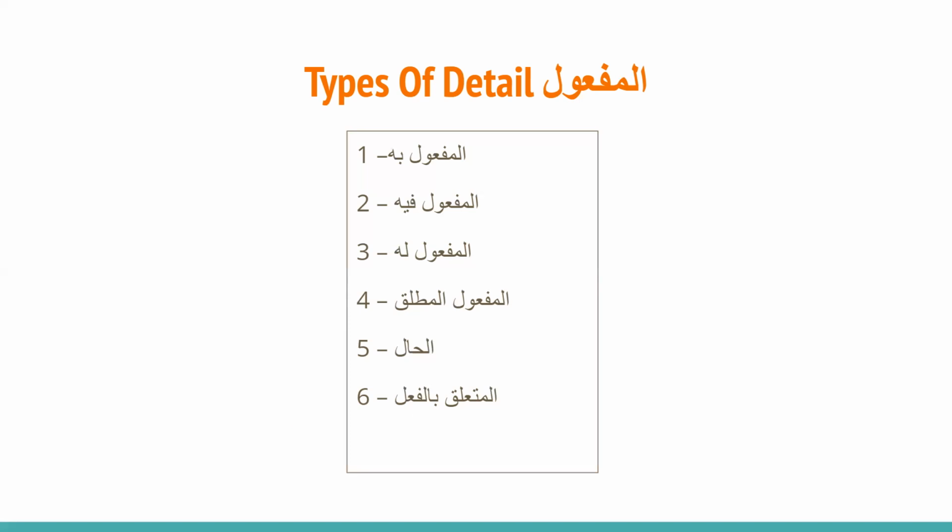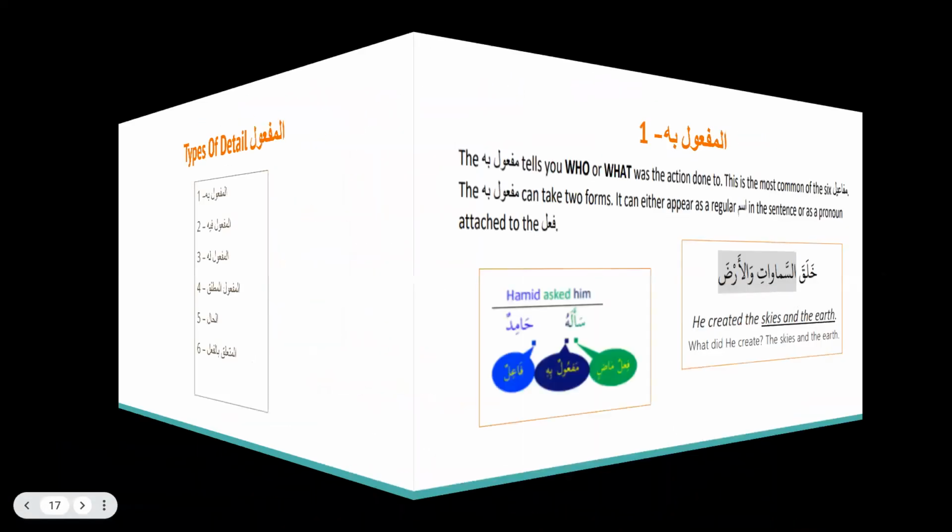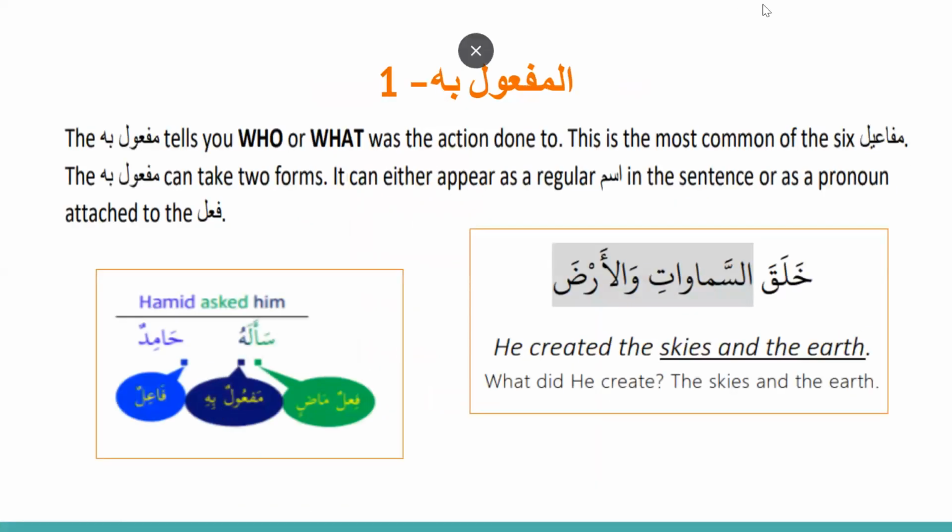So these 2 combinations, if they are about the action, are called muta'alliq bil fil. So these are different types of detail. And coming on to the first type, today we are going to cover maf'ul bihi in this lesson, and inshallah in the next few lessons, we'll be doing maf'ul fihi, maf'ul lahu, maf'ul mutlaq. Okay. So maf'ul bihi is the direct object and it tells you who or what the action was done to.